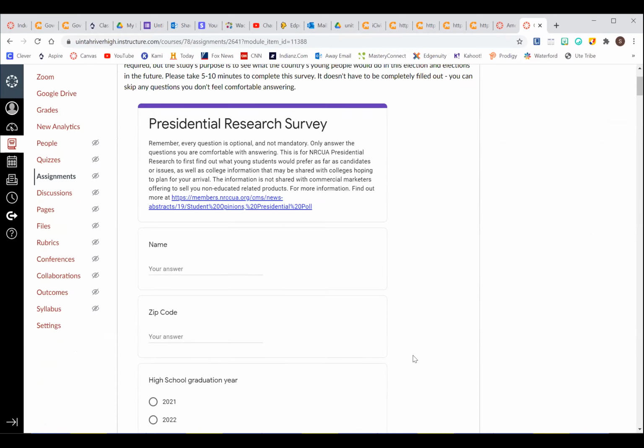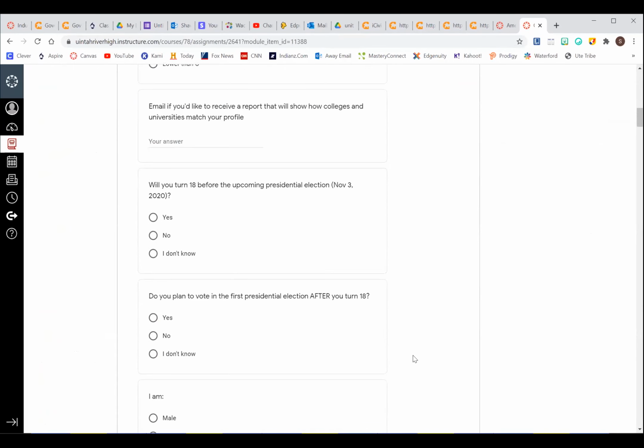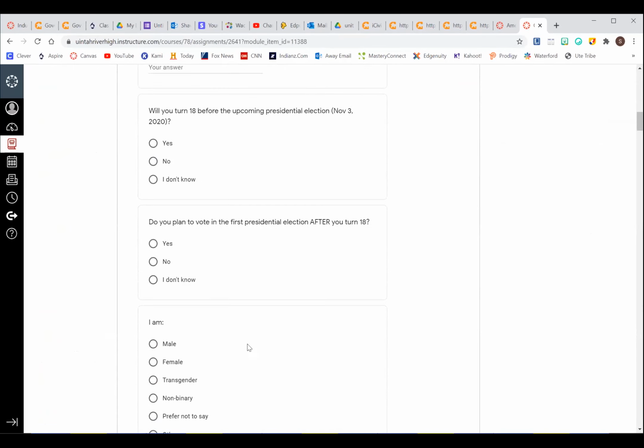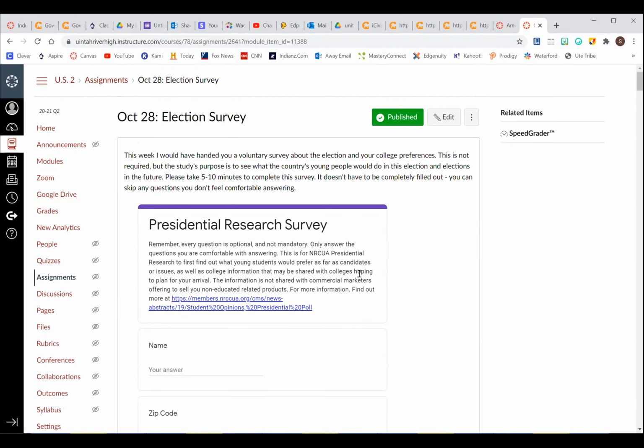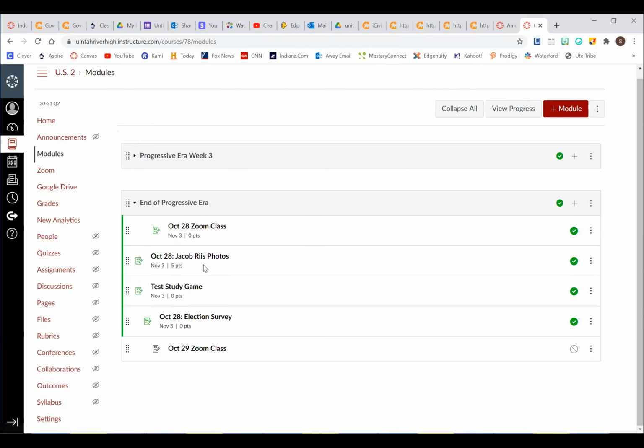If you want to skip anything, you don't have to answer it. It's just an optional thing so we can see what kids prefer. This is optional. This is optional. This is required.